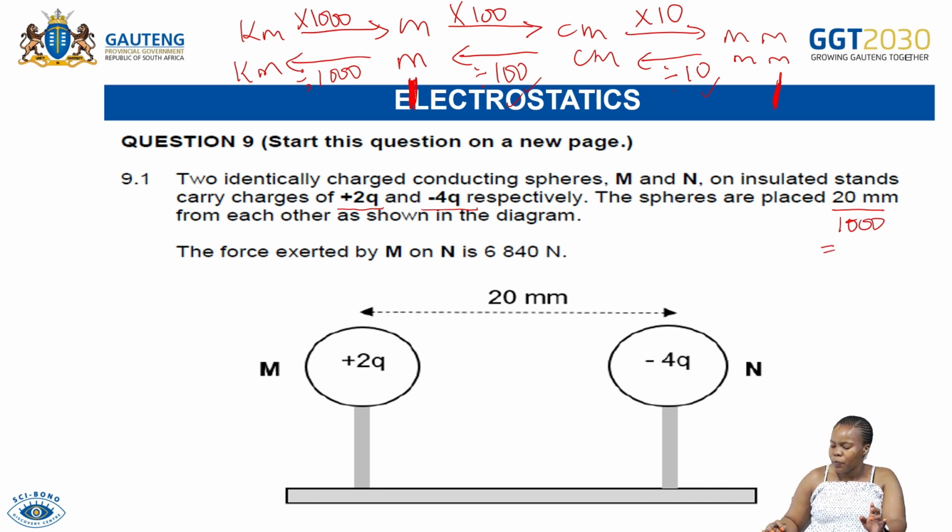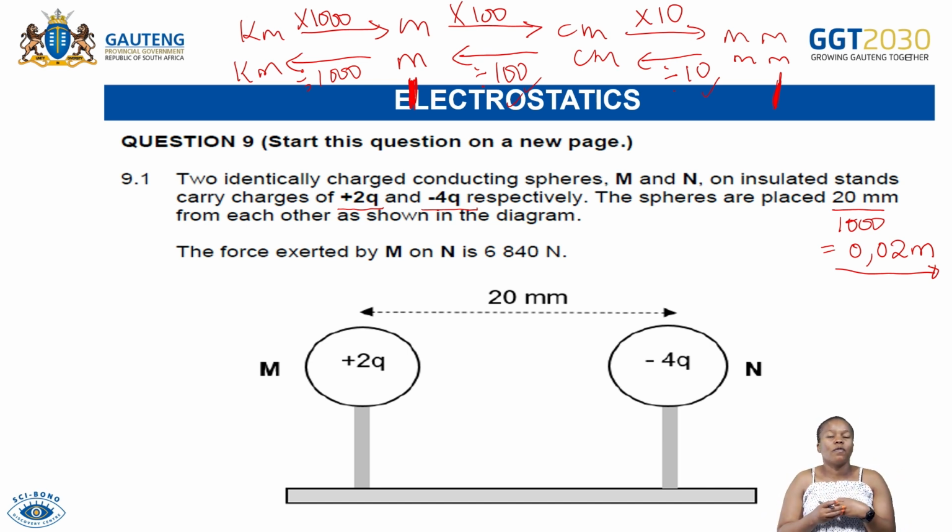0,02 meters. So now we've successfully converted from millimeters to meters. And the statement did not end there. They said the spheres are placed 20 millimeters from each other, as shown in the diagram.